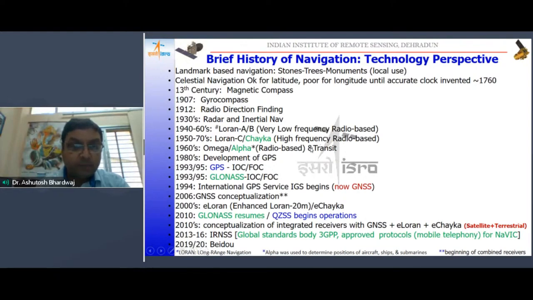But it was a regional system, so that is important to understand here. Once that technology became perfect, GPS came into being, in 1995 with the final operational capability, with the declaration of initial operational capability in 1993.